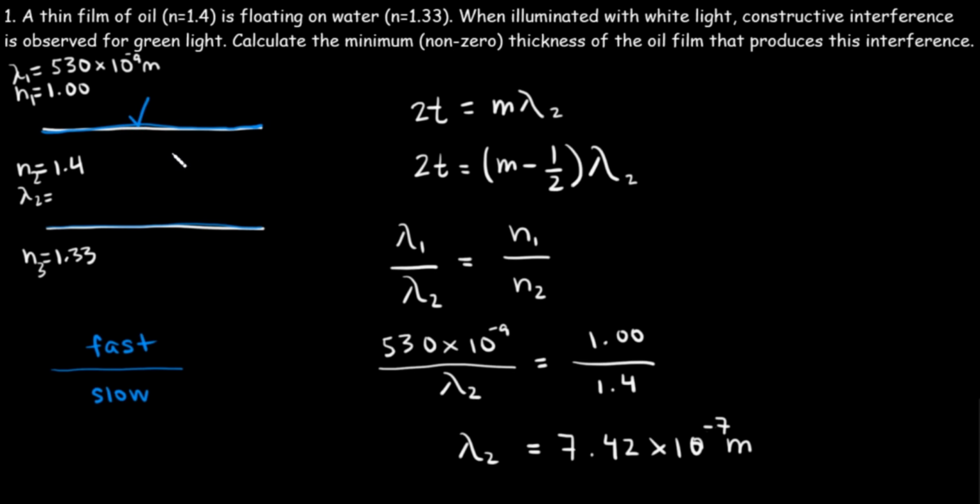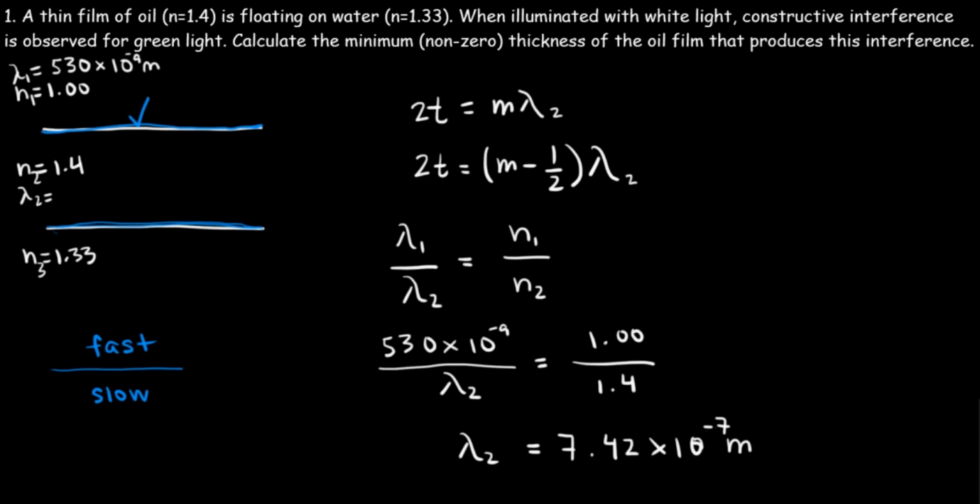So I'm going to mark this as a check mark. And then the next thing you want to do is look at this barrier. It's going from 1.4 to 1.33. That means it's going from a slower medium to a faster medium, because the bigger the index of refraction, the slower it is. That means there is no phase shift.